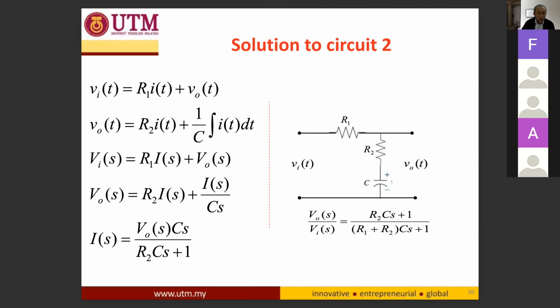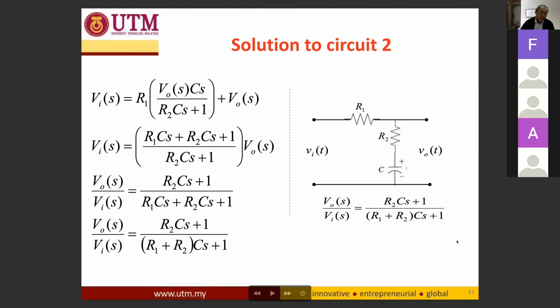Here we are using the time domain, we take the Laplace transform, so 2 steps. But in slide 37, we don't have to use the time domain. We straight away use the Laplace transform also can. It's much faster compared to the previous one.